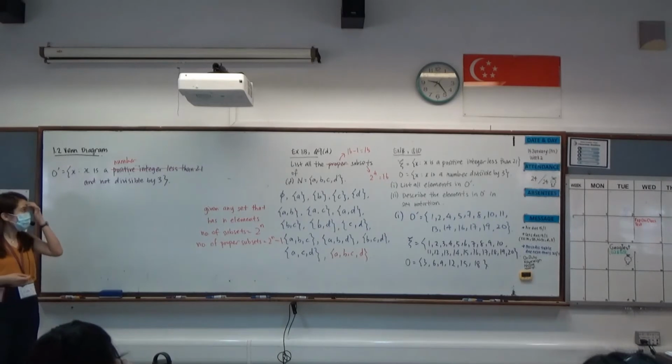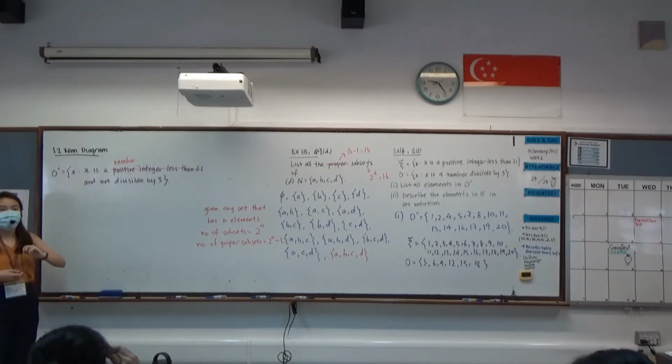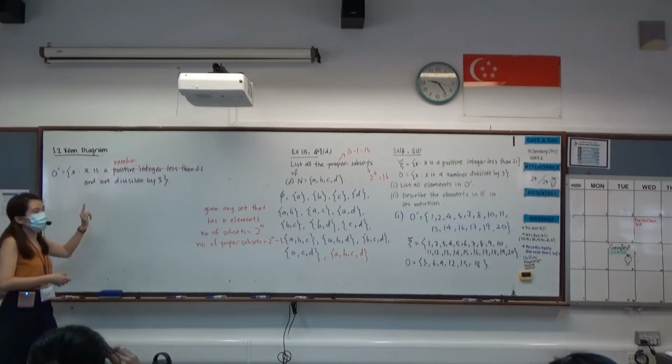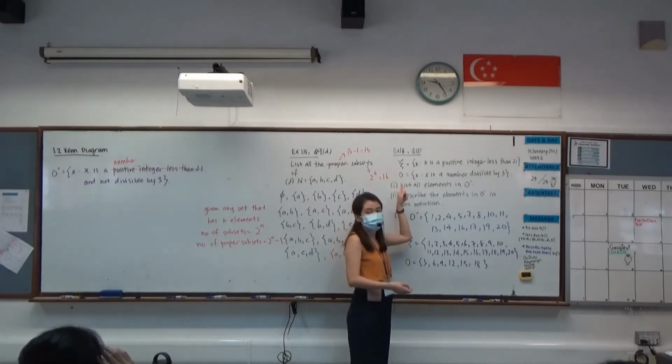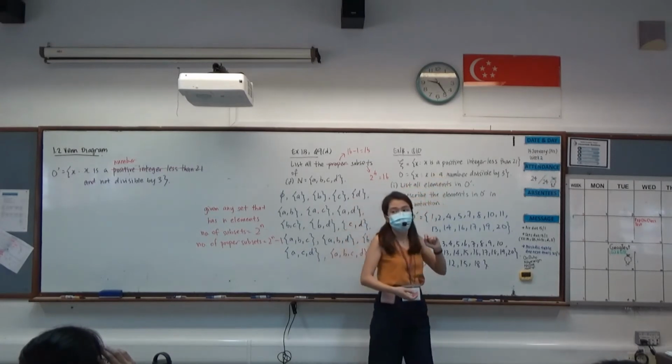So in case you're wondering why this time I can say that it is a number, and why I don't need to use the word integer unlike previously: this time I'm accepting the word number because, like I mentioned earlier, the universal set already states that it must be a positive integer.